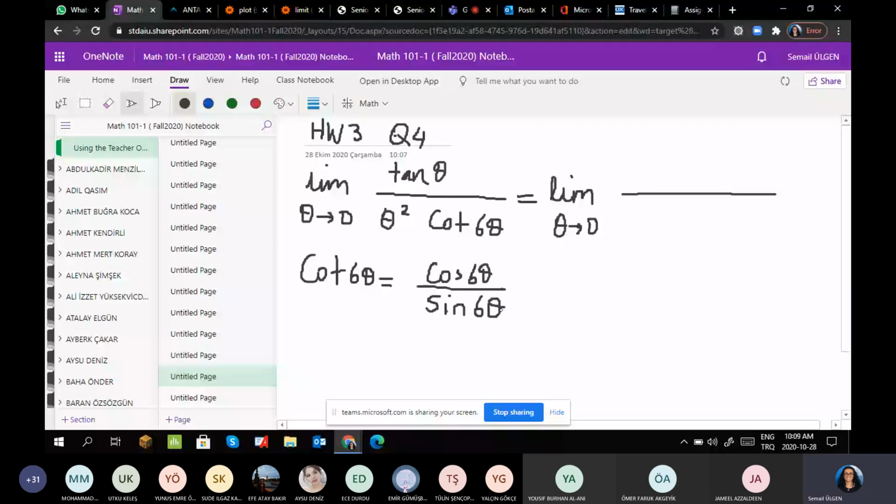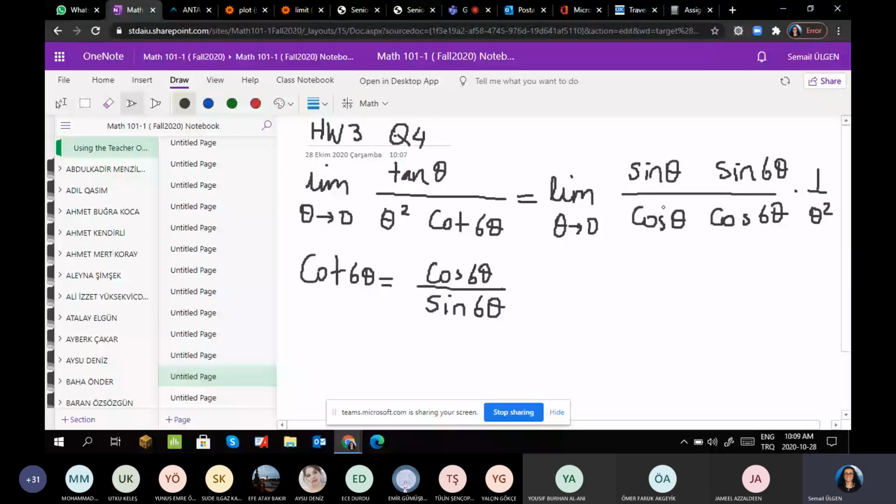Okay, so keep this in mind. So tangent theta, you know, is sine theta over cosine theta, times cosine 6 theta over sine 6 theta. And then I have 1 over theta squared here, times 1 over theta squared.